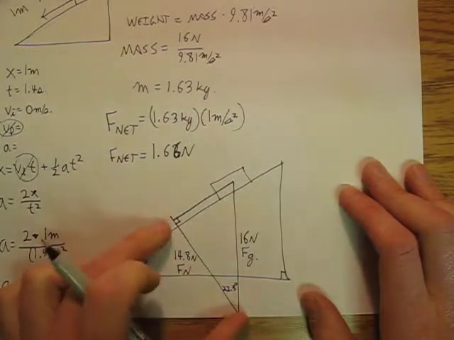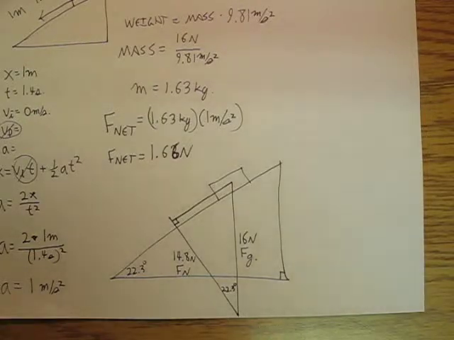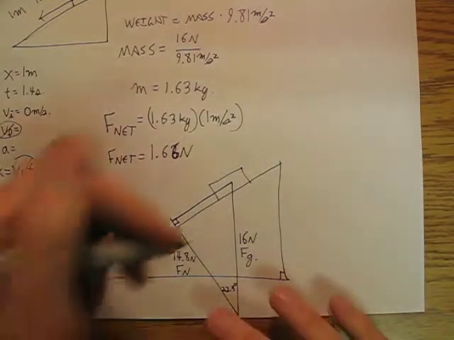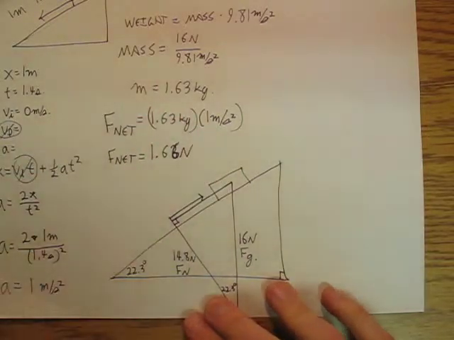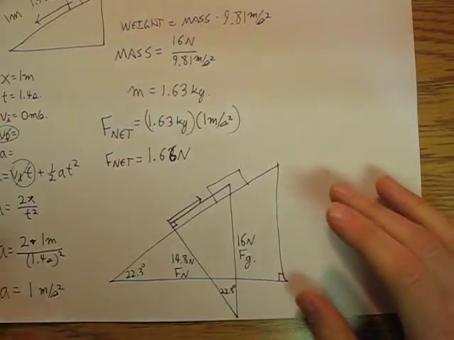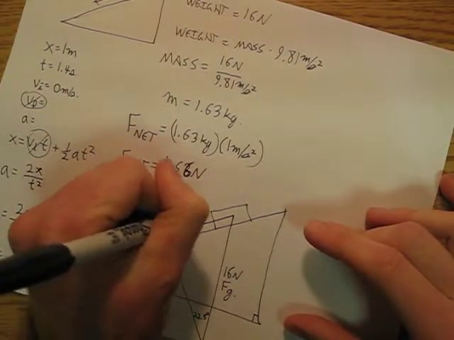And then we also figured out, using the coefficient of friction, that there was a frictional force of 3.7 newtons.